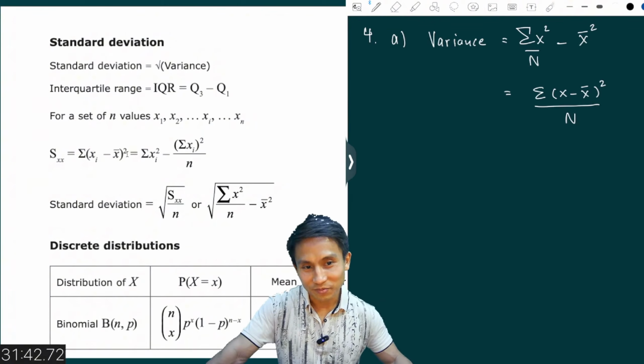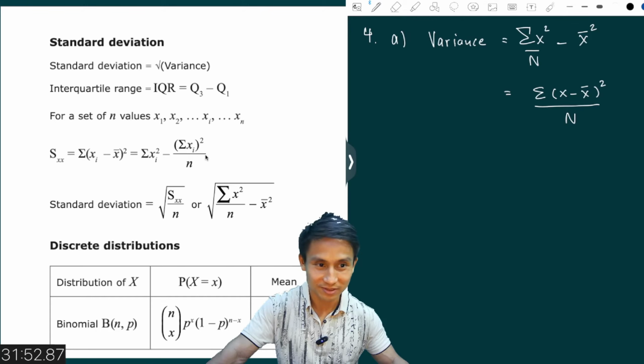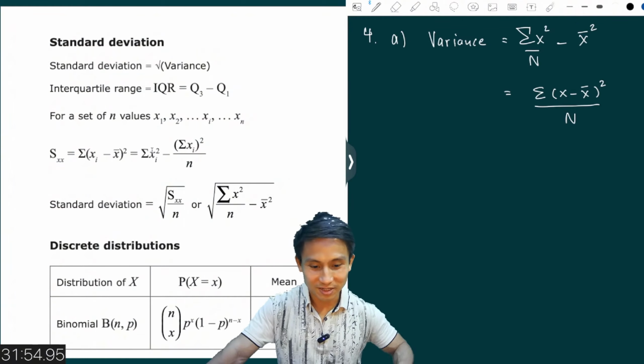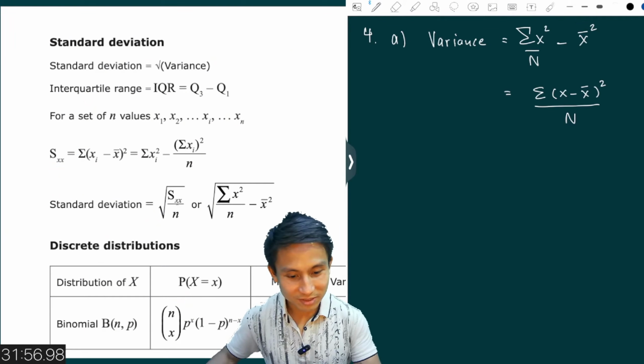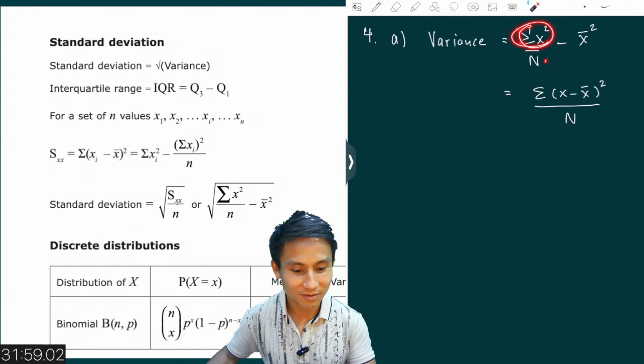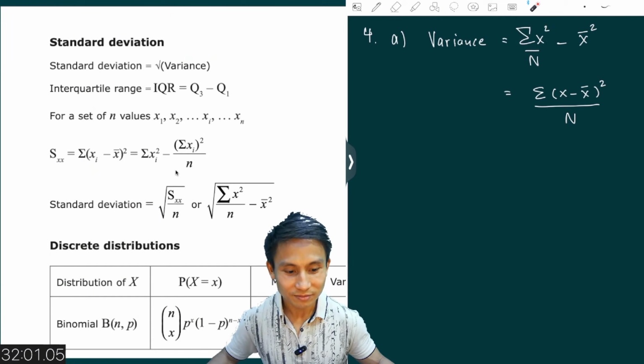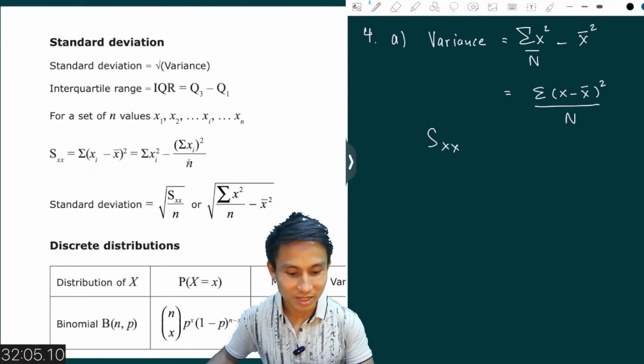So here, they also tell you that this guy equals this guy. But how is it related to the variance? If you notice here, what is variance? Variance is that divided by n. So basically, the SXX you see is variance.